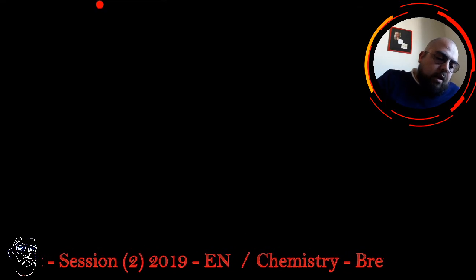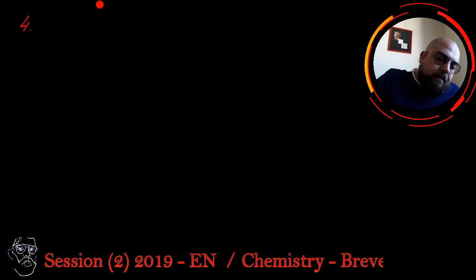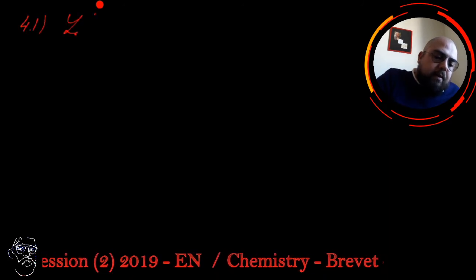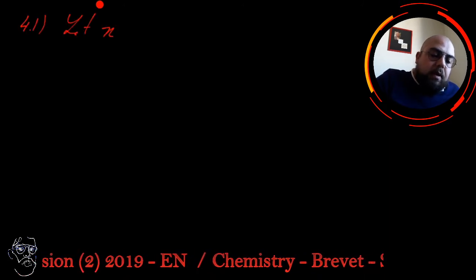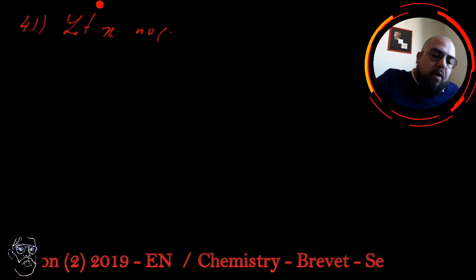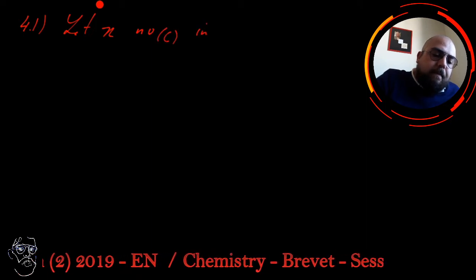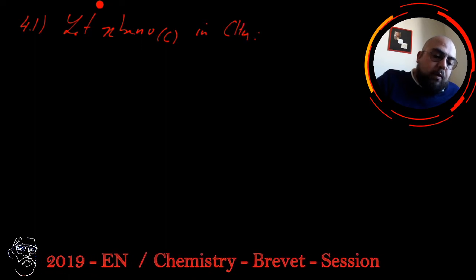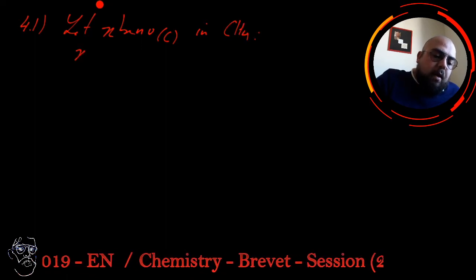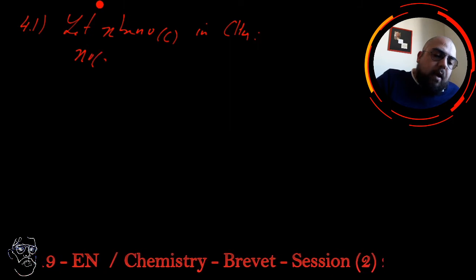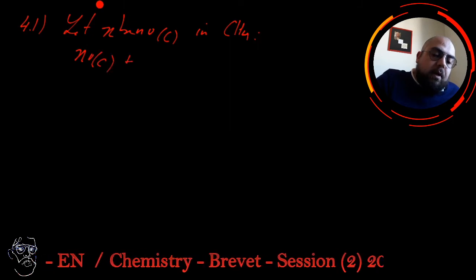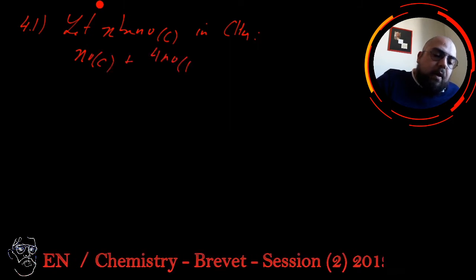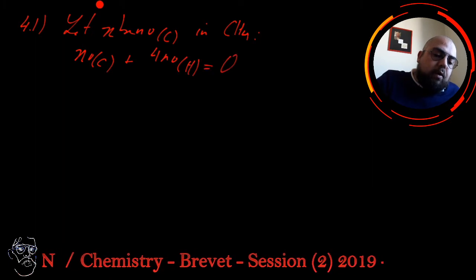So this is 4.1. Let x be the oxidation number of carbon in CH4. In this case you will have the oxidation number of carbon plus 4 times the oxidation number of hydrogen equal to 0.